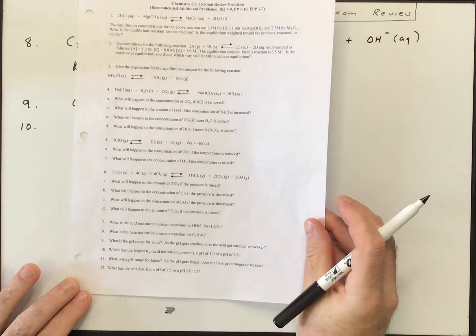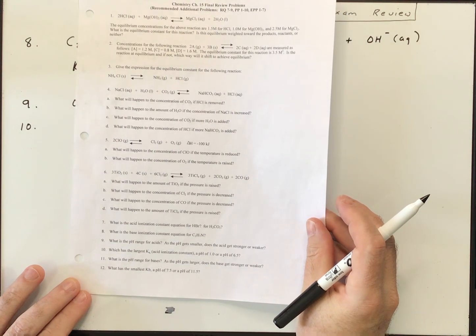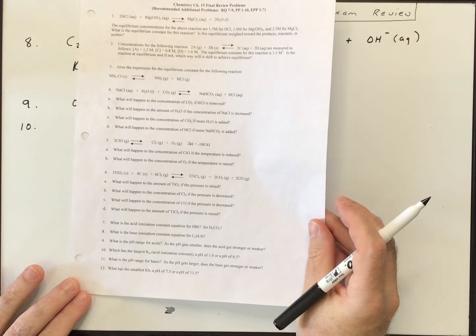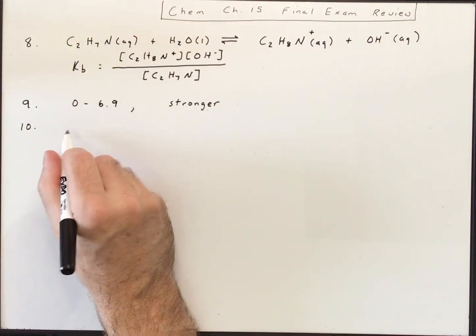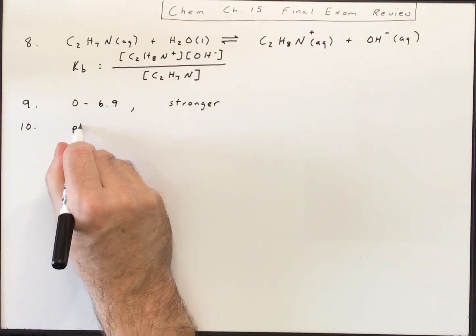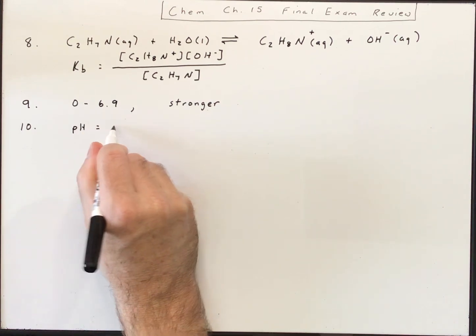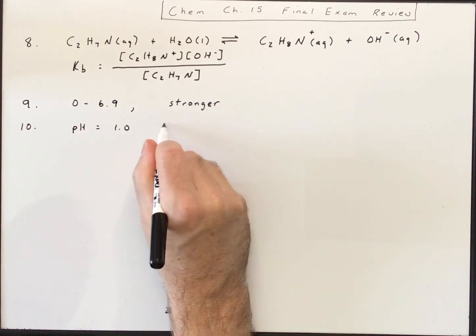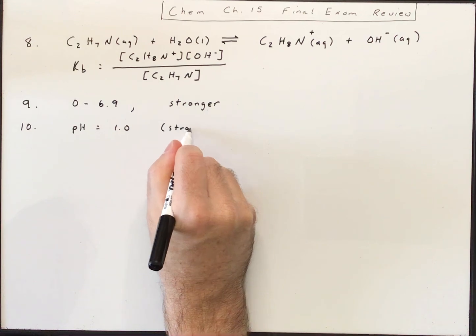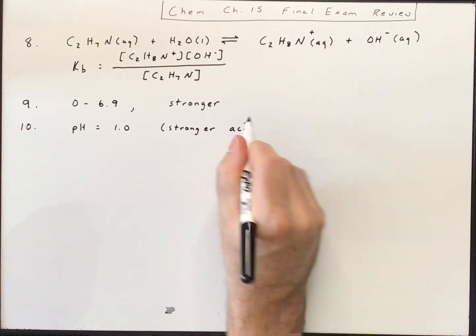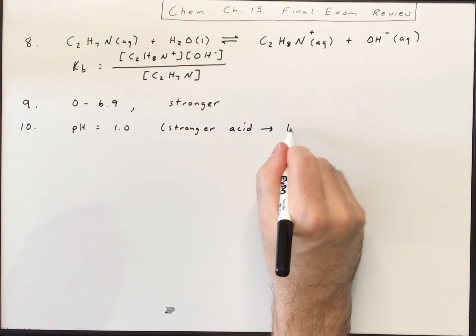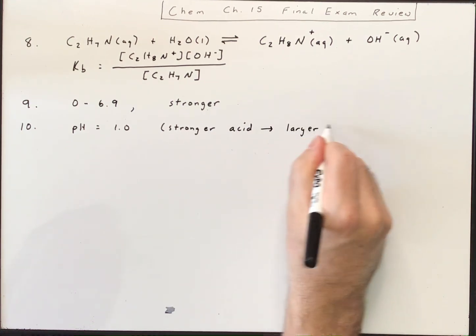Which has the largest K sub A? A pH of 1 or a pH of 6.5. Well, a larger K sub A means a stronger acid, and a stronger acid would be the pH of 1.0. So stronger acid means larger K sub A.